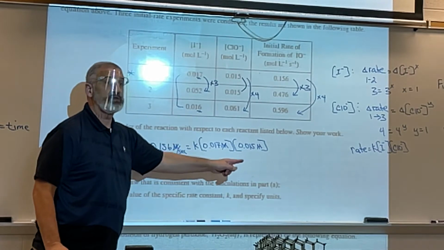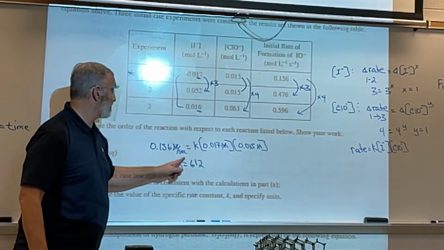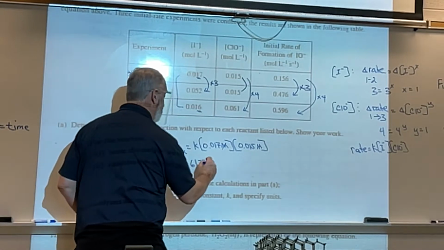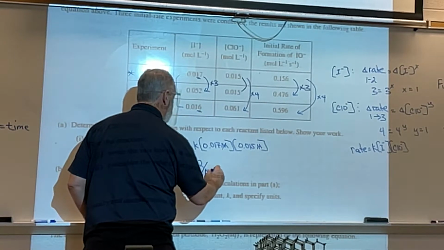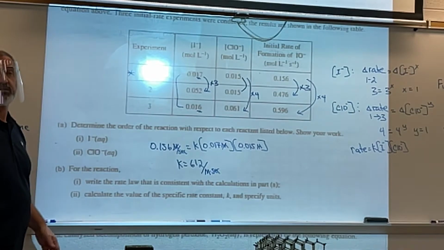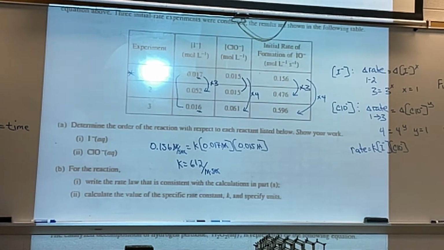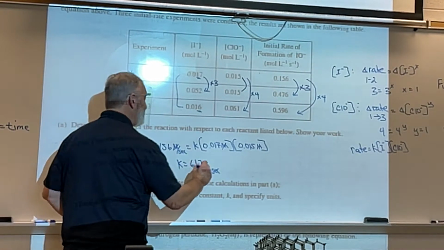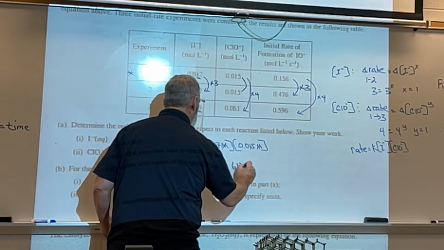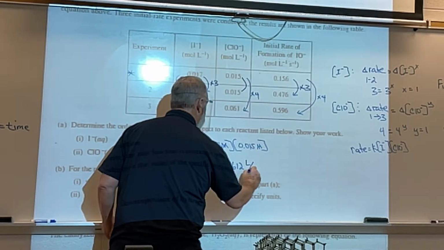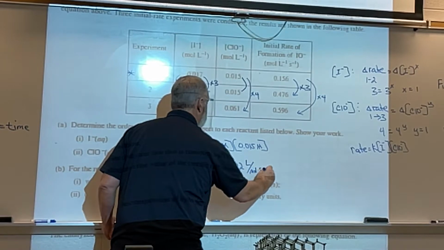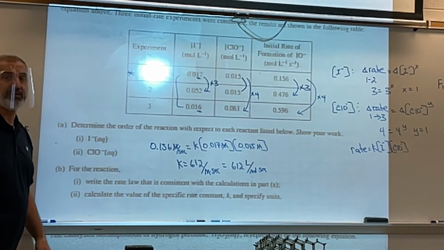This molarity is going to come then to the bottom, so it's going to be per molarity times seconds. Which again, you may see 612 liters per mole seconds. That's exactly the same thing.